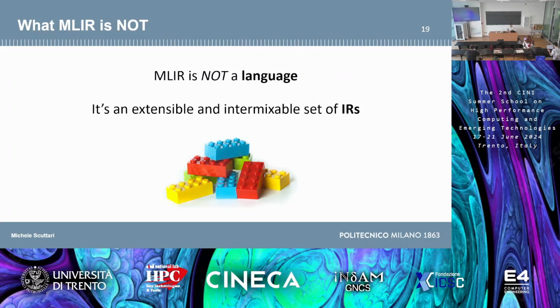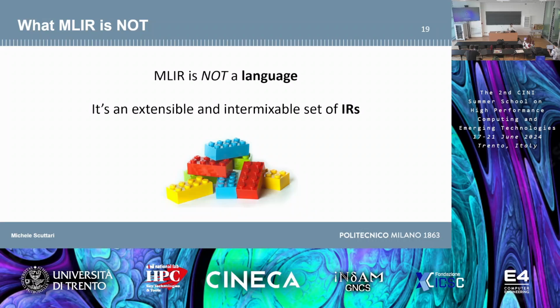So MLIR is not a language, but rather a way to build new IRs that can be combined together. So you don't use one IR on its own, but typically you combine multiple IRs in order to build your program. So for instance, your IR might have only arithmetic operations. Okay, you can't use it on its own because you don't have function calls.